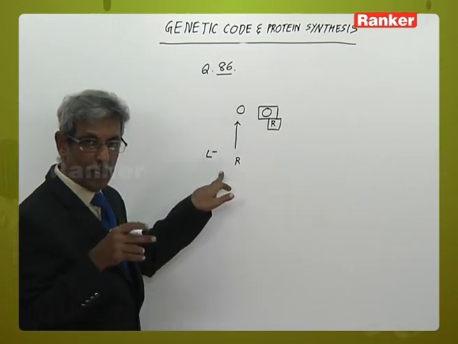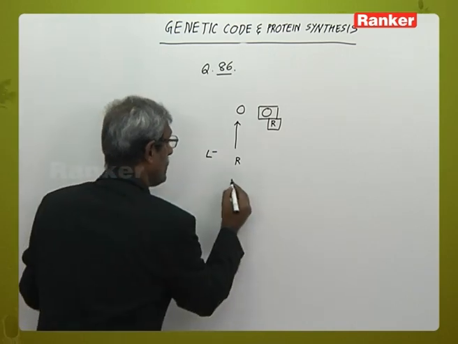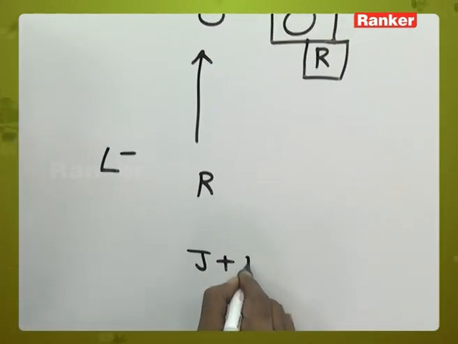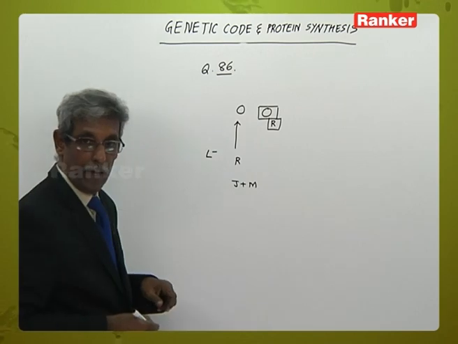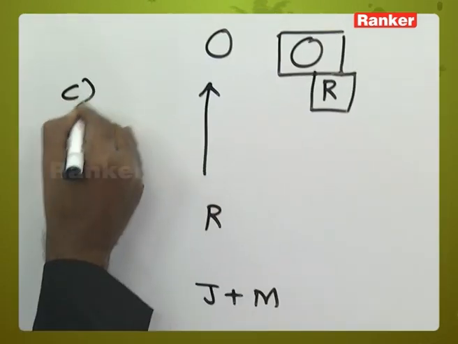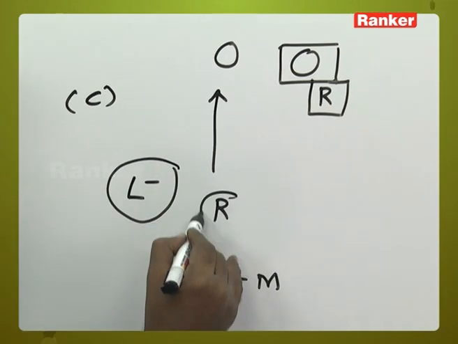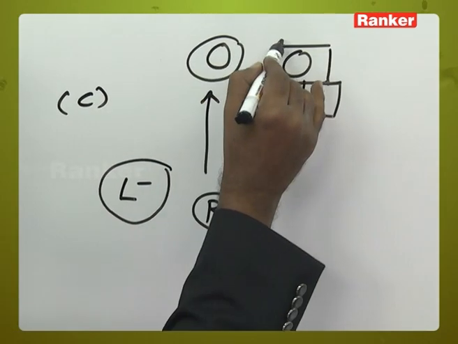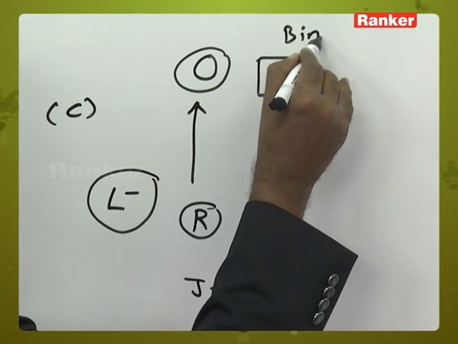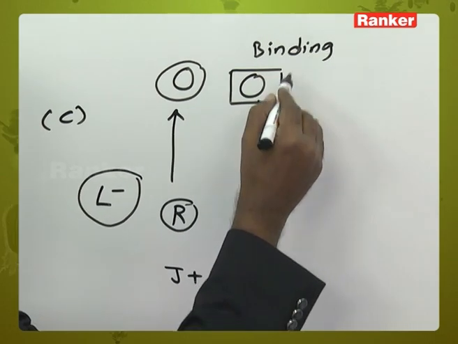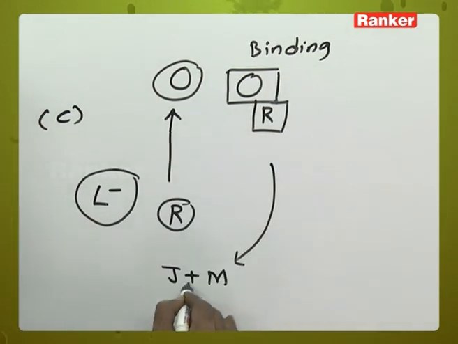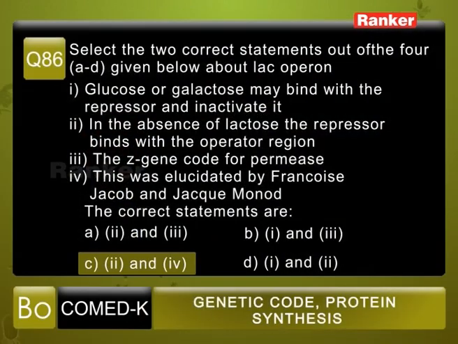Along with this, the fourth one, this concept has been proposed by Jacob and Monod. Hence, choice C says that in the absence of lactose, a repressor will go and bind to an operator, and this concept of binding has been proposed by Jacob and Monod. The correct answer is C.